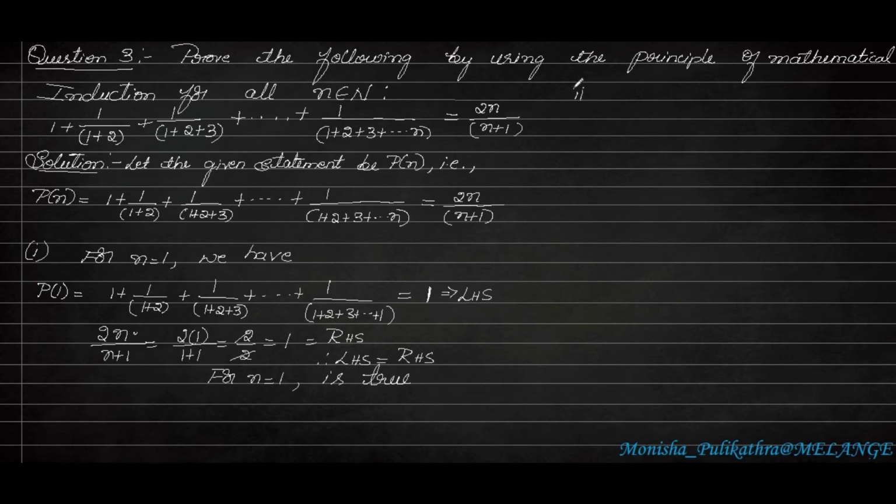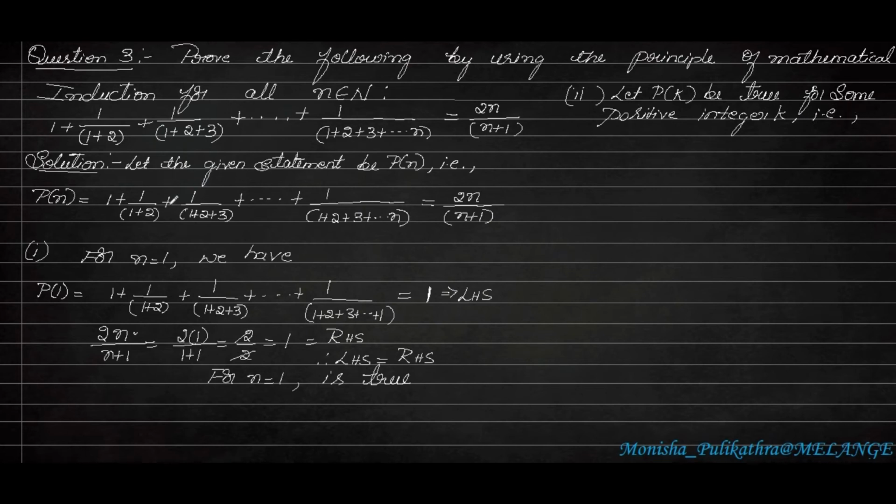Second, we have to substitute it for k. So in the place of n, we have to substitute k. So let P of k be true for some positive integer k.